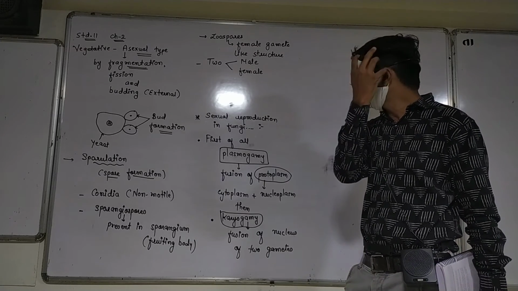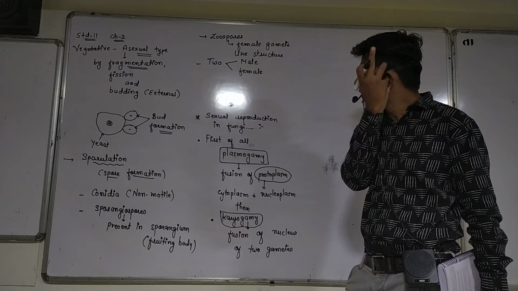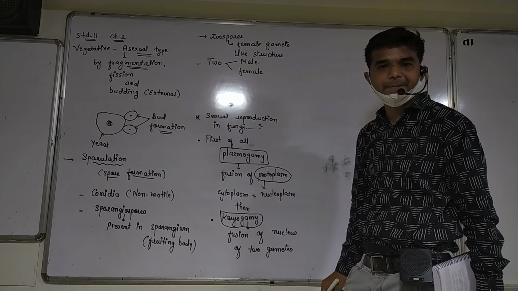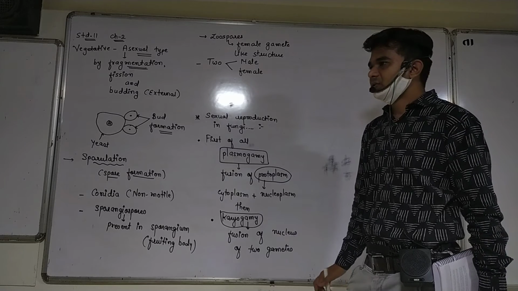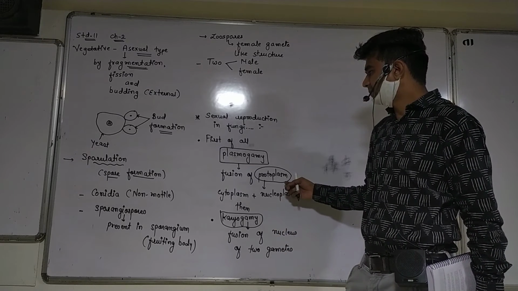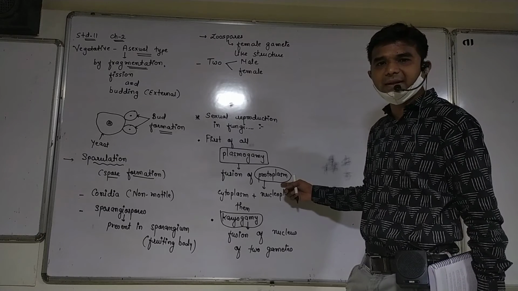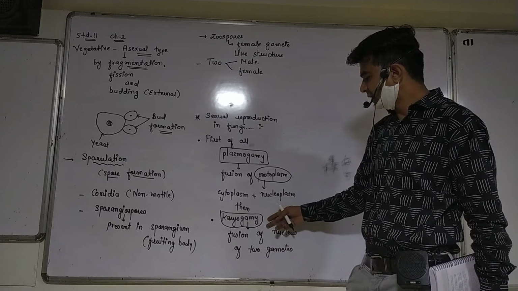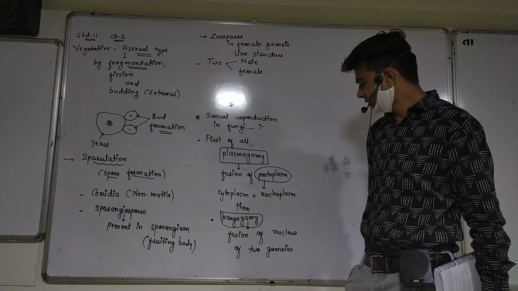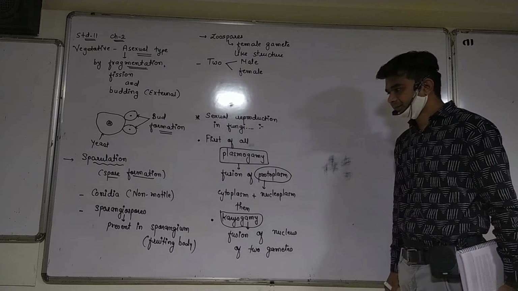Karyo is related to the nucleus or the chromosome or the DNA. So initially the protoplasm of both the male and female gametes are fused together, and after that the nuclei are fused together. That is known as karyogamy.